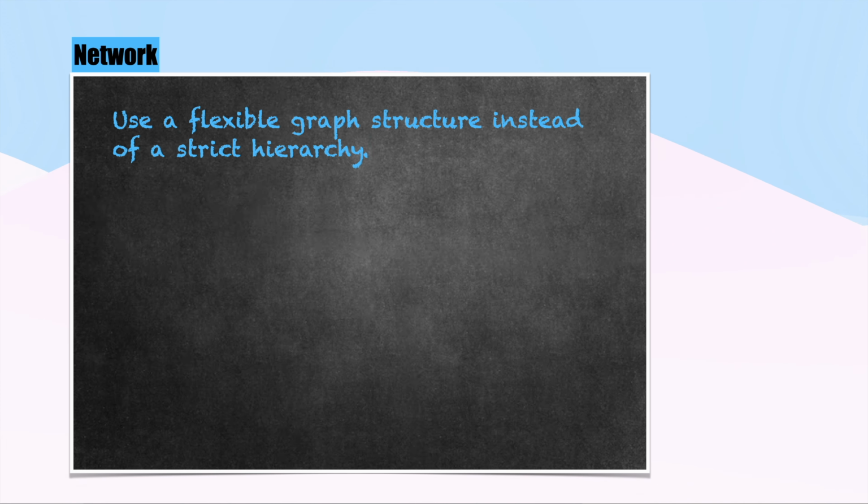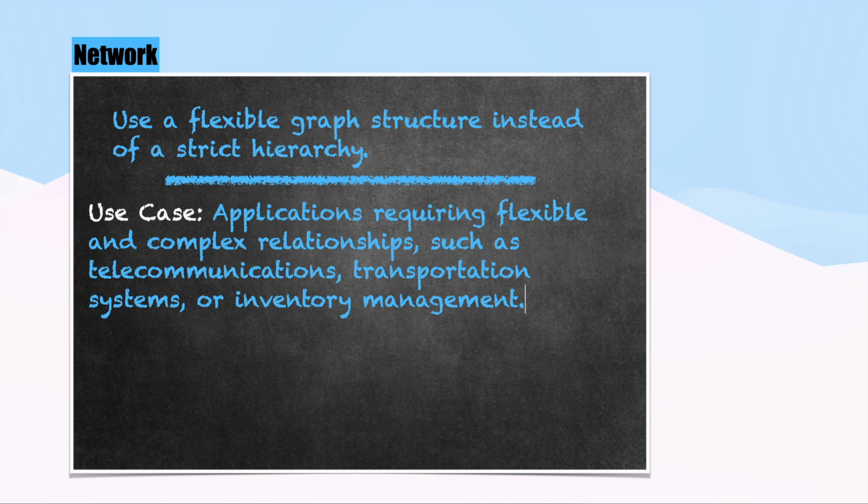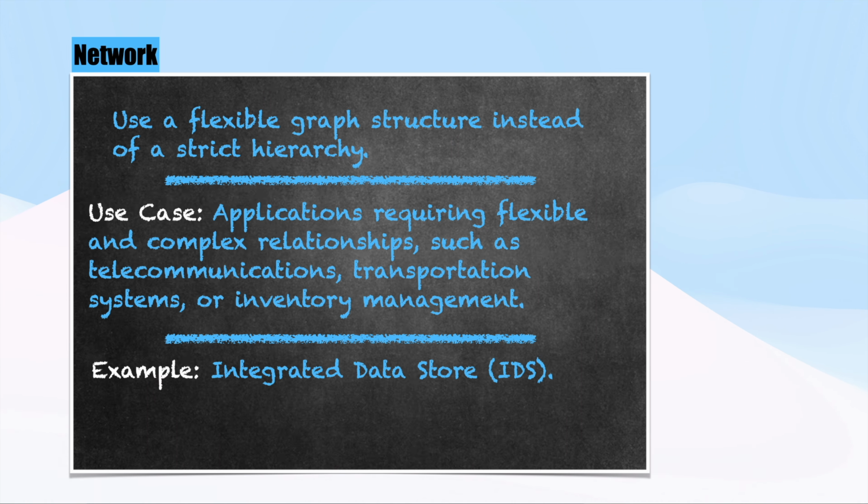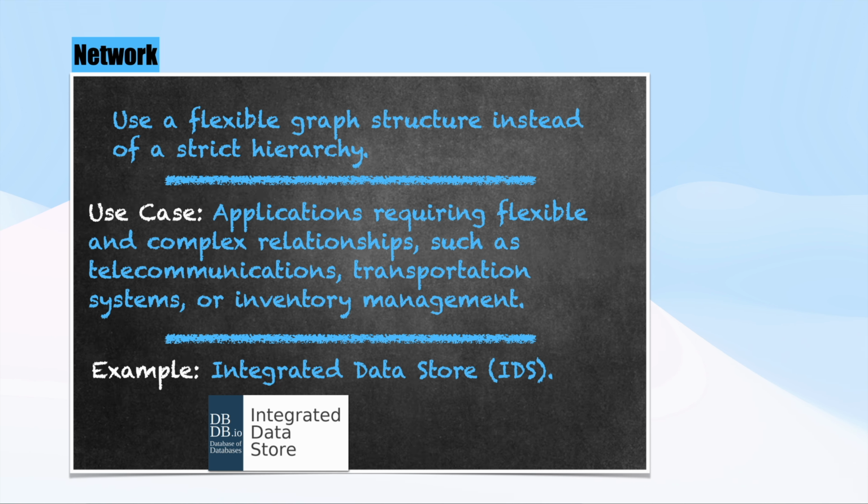So to summarize, network databases use a flexible graph structure to model and manage complex relationships between data, making them ideal for applications in the telecommunication industry, transportation systems, and inventory management. The Integrated Data Store is a great example, particularly in telecommunication.